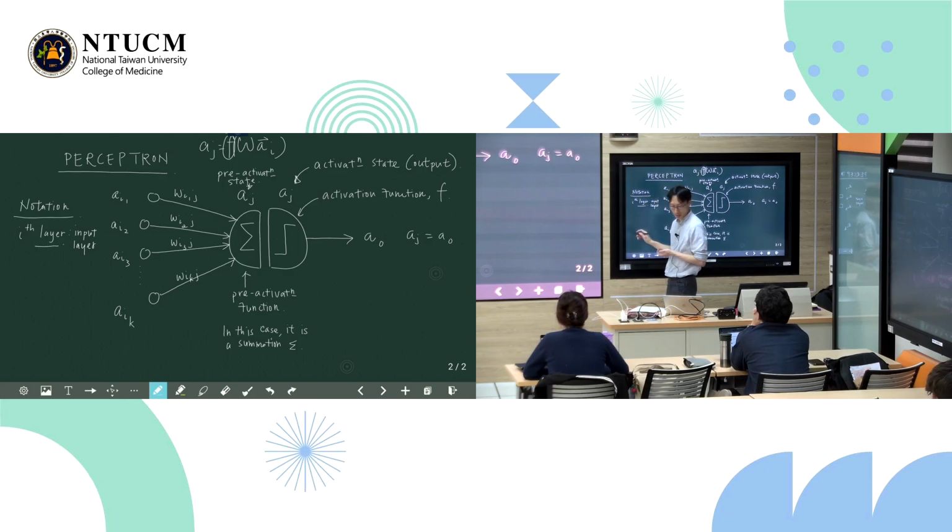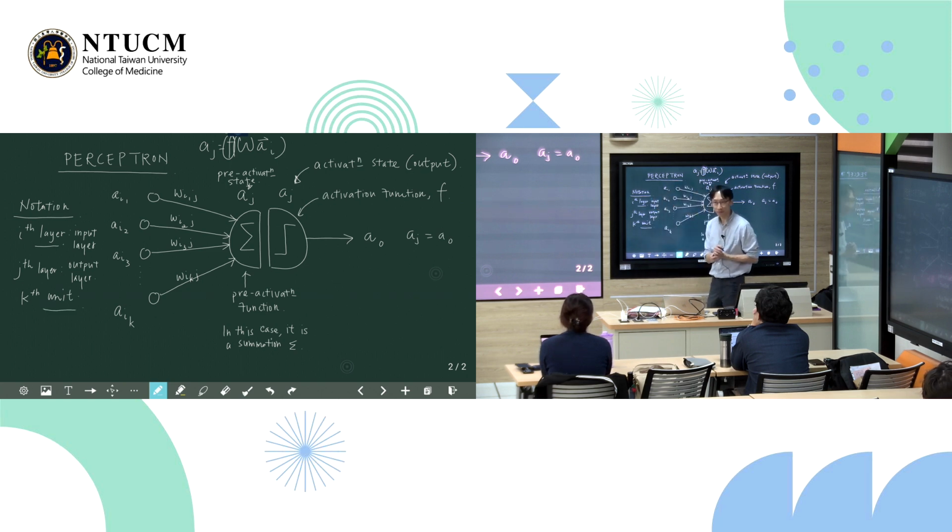And then we say something like the jth layer correspondingly is the output layer. And then we have the kth unit. So it's layers and then units, and layers feed into the next layer and things like that. That's the notation that we're going to use.